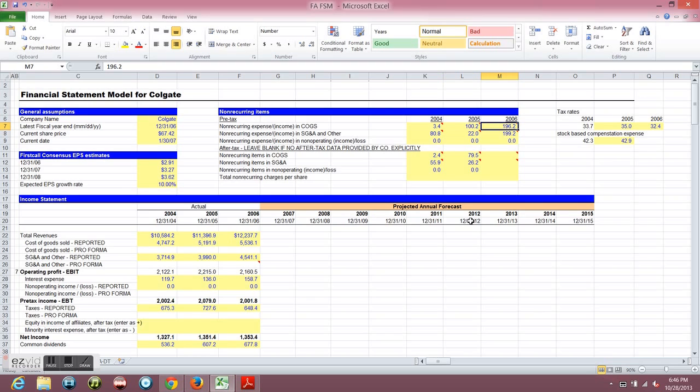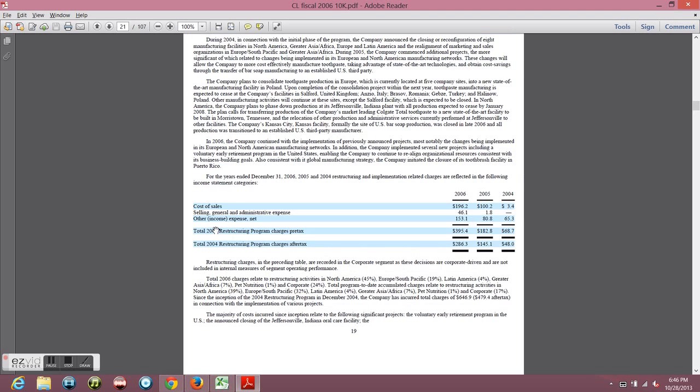Okay? Since we're already over here, how do we get our after-tax amount? Well, as we can see over here, it says program charges pre-tax, and after tax. So it doesn't really tell us which portion of it is coming out of COGS, which portion is coming out of SG&A, which portion is coming out of other. So we have to make an assumption.